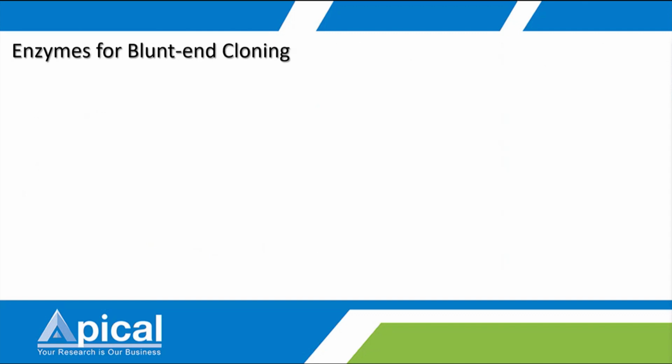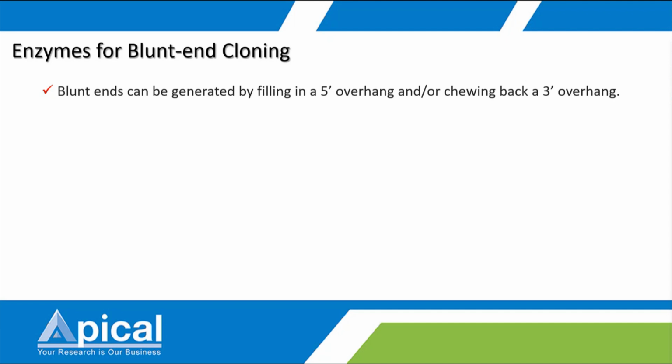Okay, so just now was for sticky end cloning. Now we have blunt end cloning. What you need to prepare for your insert in blunt end cloning: the DNA fragment, you may blunt it by filling in the 5 prime overhang, or you chew back the 3 prime overhang, to blunt the DNA fragment.